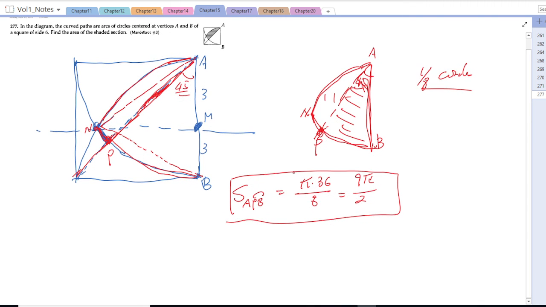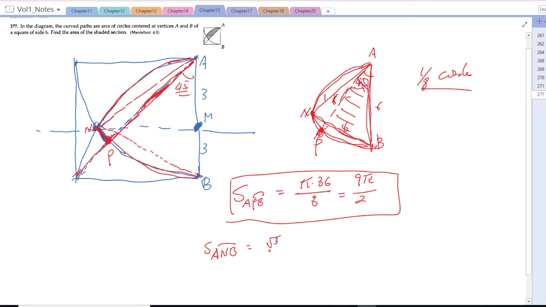Okay, so next we want to solve for the area between A and B on the arc. This is an equilateral triangle, 6, 6, 6, where the sides are the radius, plus these two small crescents.